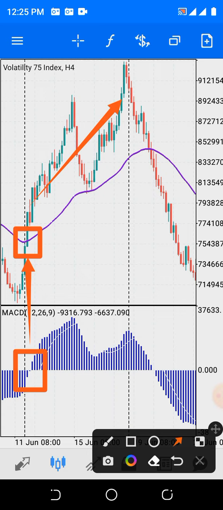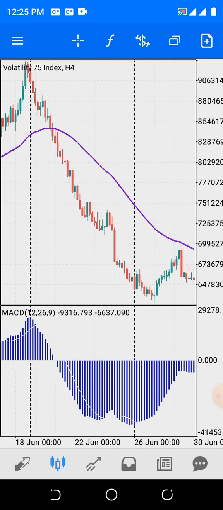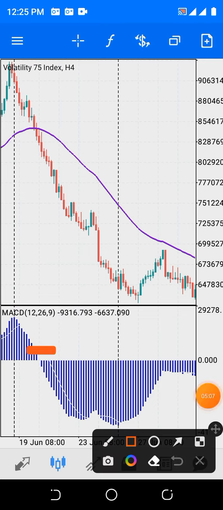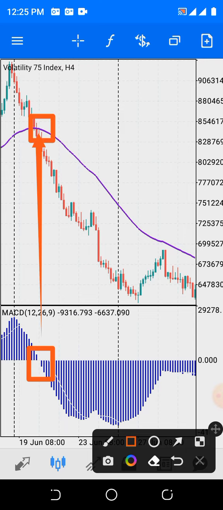Watch here. This is another entry opportunity. You see it? Now let's trace it up and see if the crossing occurs at the same time. Can you see it? The crossing occurs at the same time. We don't have any other thing to confirm that.